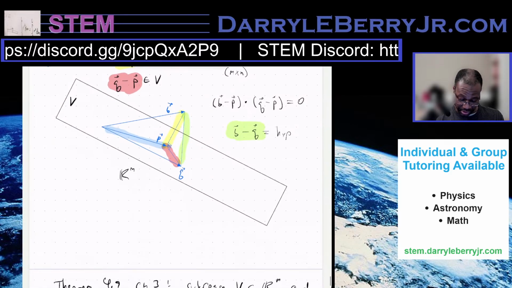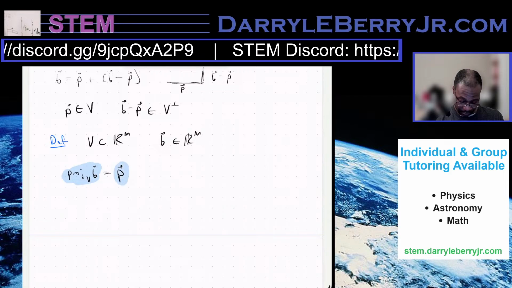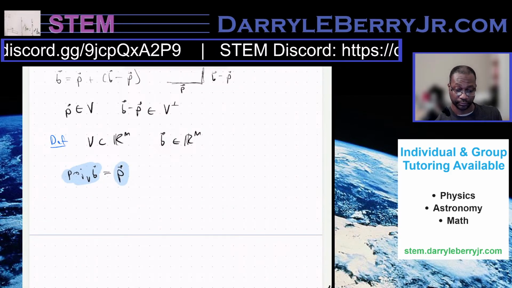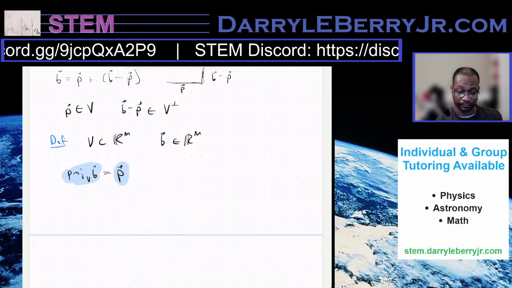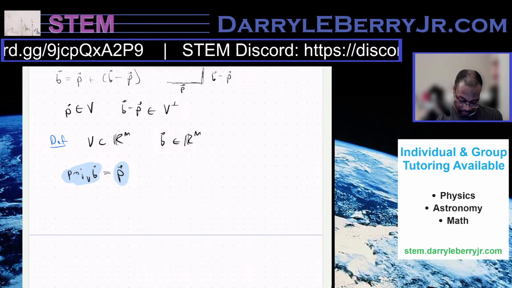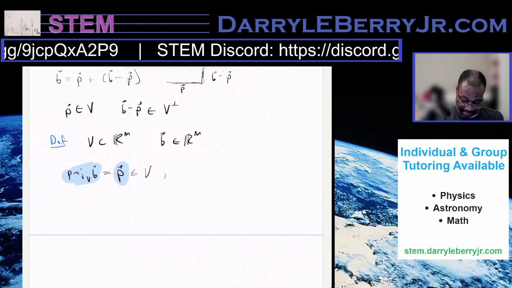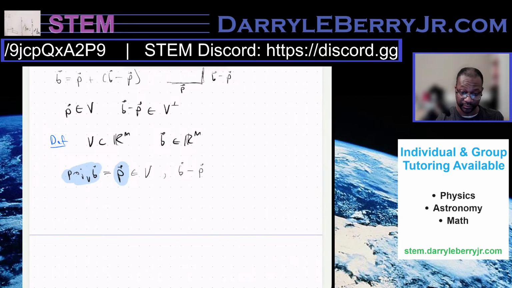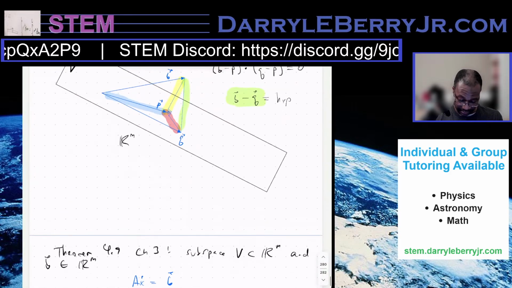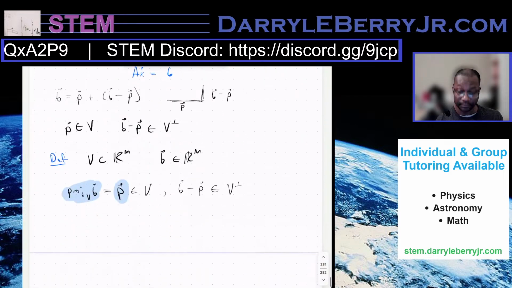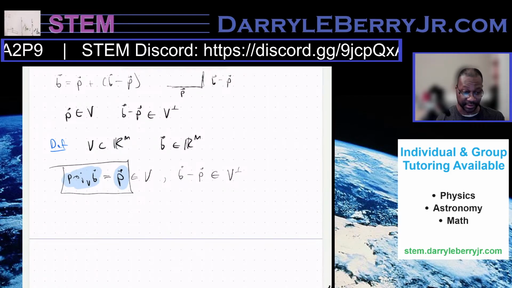P is the projection of B onto the subspace. P is within the subspace with the property that B minus P is perpendicular to the subspace V. Thus, P equals the projection of B onto V.